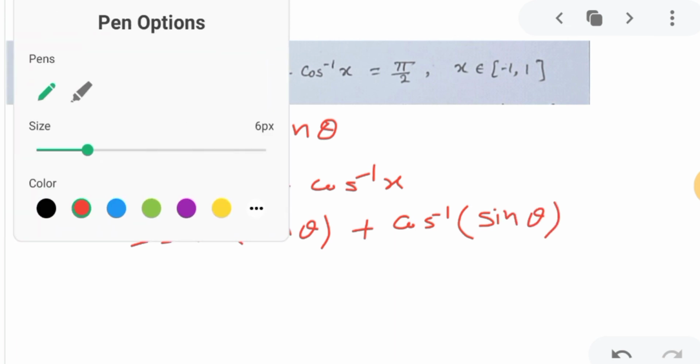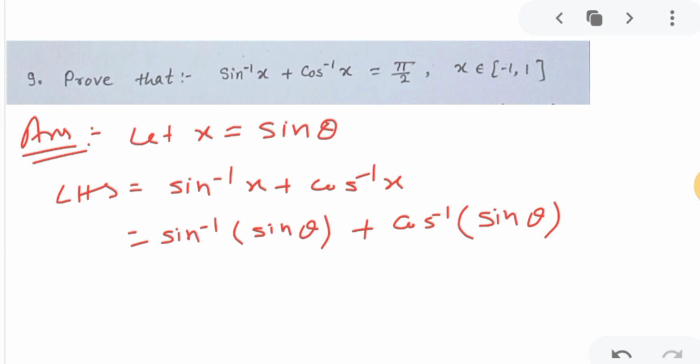Here this will go, so you can write directly theta. But here you cannot write directly because this is cos inverse and this is sin. So first I will try to convert this sin theta into cos theta. Can I convert sin theta into cos theta?